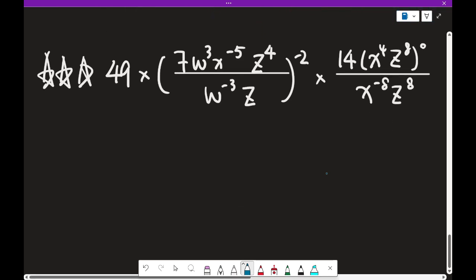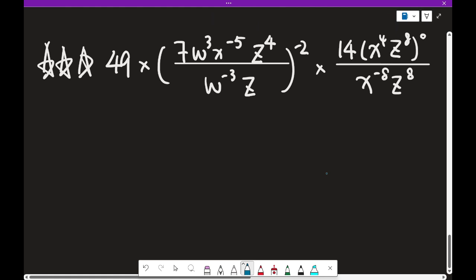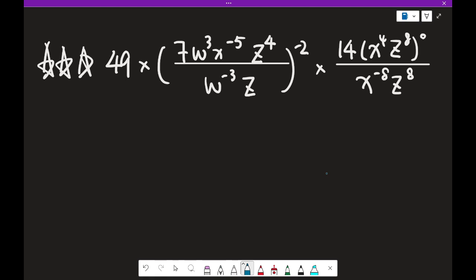The question says: 49 times bracket 7w to the power of 3 x to the power of negative 5 z to the power of 4 over w to the power of negative 3 times z bracket to the power of negative 2, times 14 bracket x to the power of 4 z a to the power of 8 bracket to the power of 0, over x to the power of negative 8 times z to the power of 8.